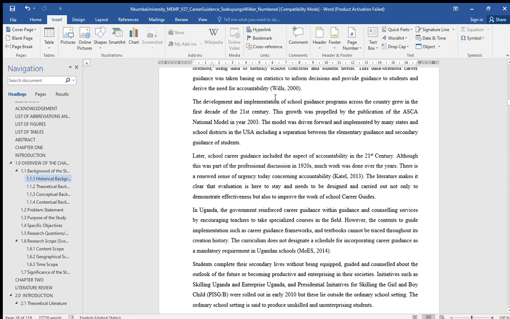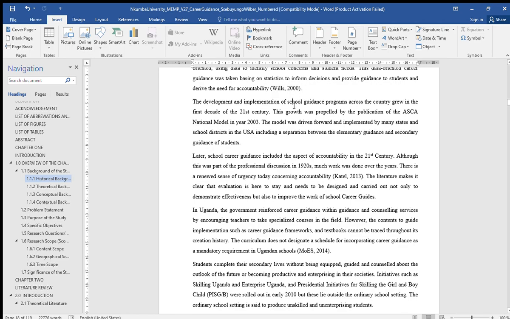So when you read a publication, and then you look for what is the title. Is it an article? Is it a book? Is it a report? These are sources of literature which you've been taught. So you need to see who is the author of this article, or if it is a book, who is the author of this book.